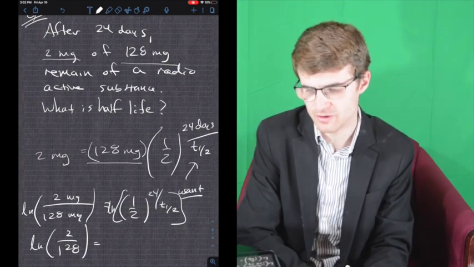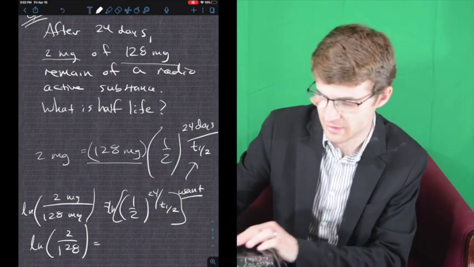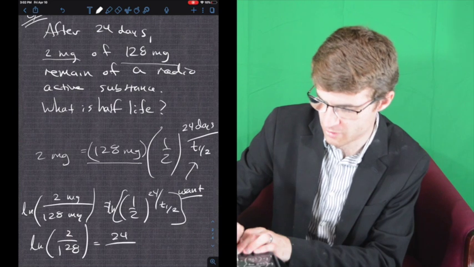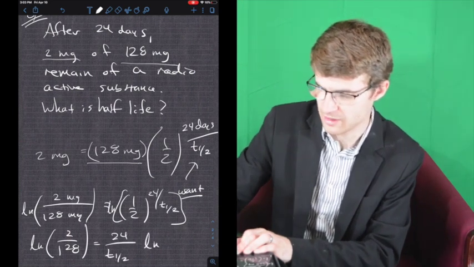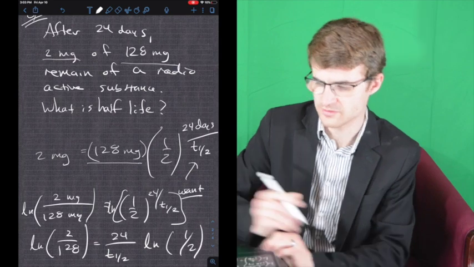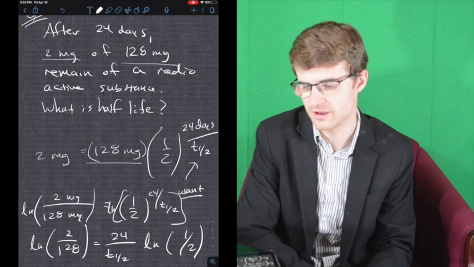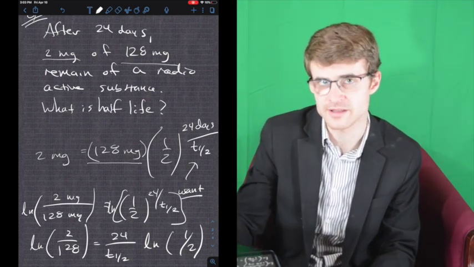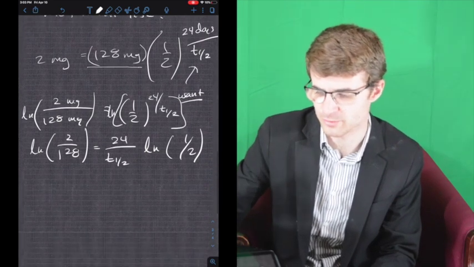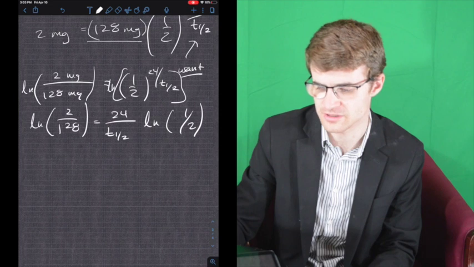So now we're going to use the properties of logs. I'm going to take down that exponent now. So I have 24 times t 1/2, and this is sort of what we end up with. So properties of logs allow you to do this. If something's in an exponent that's inside of a log argument, that's the same as bringing it out front as a multiplicative factor. And that's something that we look at in Math 1050.